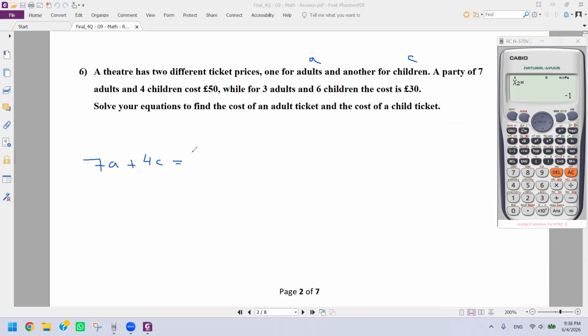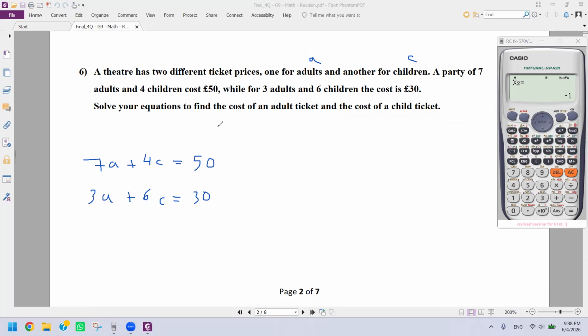So 7 adults and 4 children, they paid 50. Then 3 adults and 6 children, they paid 30.